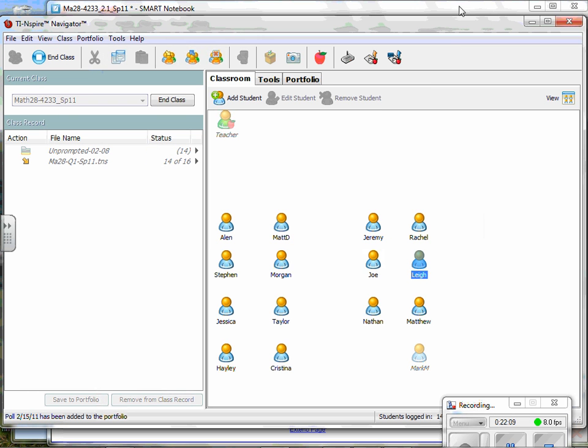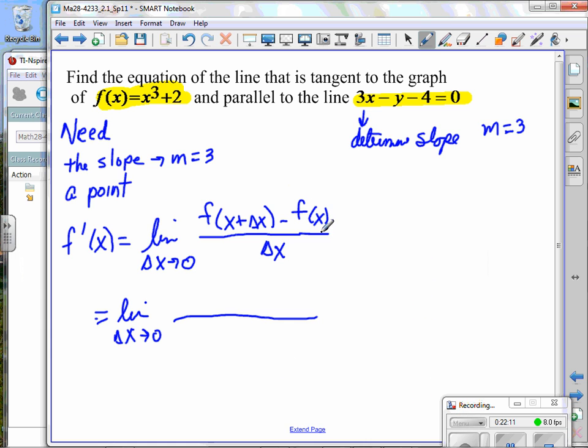So let's take a look at that, and let's continue on here. Everywhere I see the input variable, I'm going to have to put in x plus delta x plus 2.